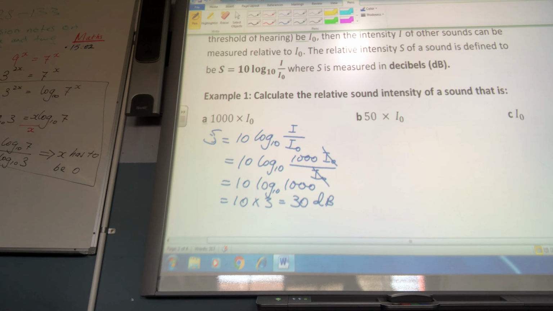It's 1,000 I0. So I substitute is moving into the top. So on the bottom it should be I0 as well. Yeah. Can you do B and C? Yeah. Do both B and C.